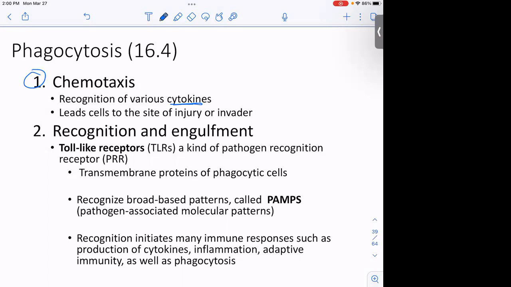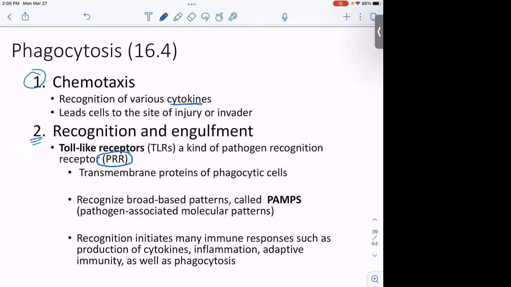And then this is a step that we kind of forget about, that a macrophage, for instance, has to be able to recognize that that pathogen is not self. It has to recognize that it's something that's worthy of attack. Okay, so there are receptors on the outside of many different kinds of cells, like macrophages, I think B cells have them as well, dendritic cells. They have pathogen recognition receptors.